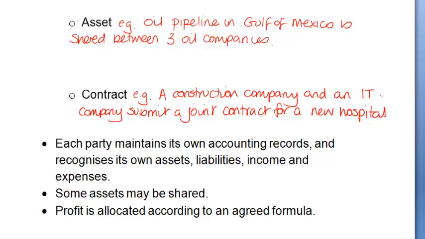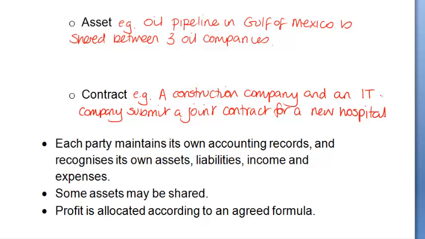And the hospital is going to have all types of whizzy IT facilities embedded within it. So the construction company doesn't have the IT skills, the IT company doesn't have the construction skills, but together they say, well, the government's put this contract out to tender, we're going to submit a tender, and then we're going to split the profits 80-20 or 60-40 or 50-50 or whatever it's going to be. But together we control how the contract is run. It doesn't have to be done on a 50-50.